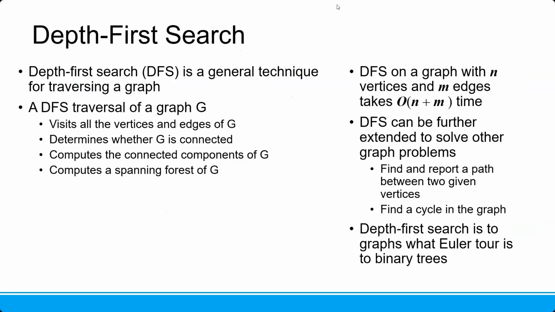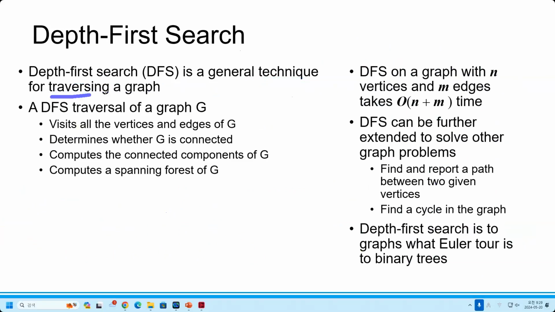So in the graph, we also have the traversal, or the way to check every node in the graph. In the traversal of a graph, we want to visit all the vertices and edges. And we want to determine whether G is connected.